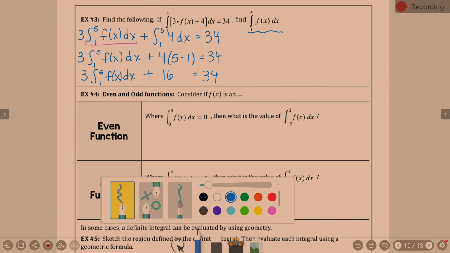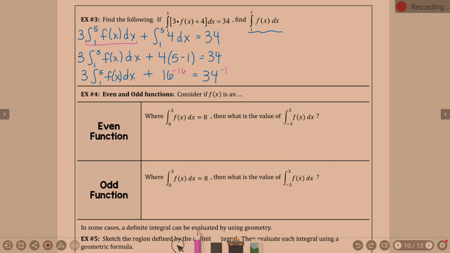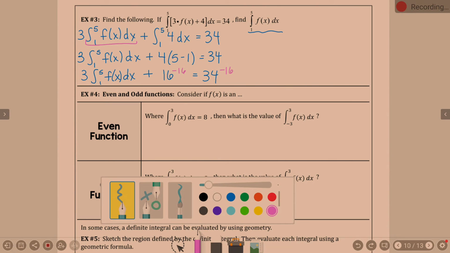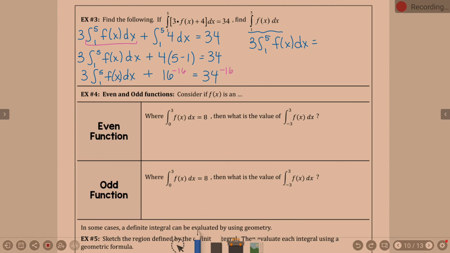Do you see your final 2 steps? We're going to what? Subtract 16. So then I have 3 times the integral from 1 to 5 of f of x dx is equal to whatever 34 minus 16 is. 18.